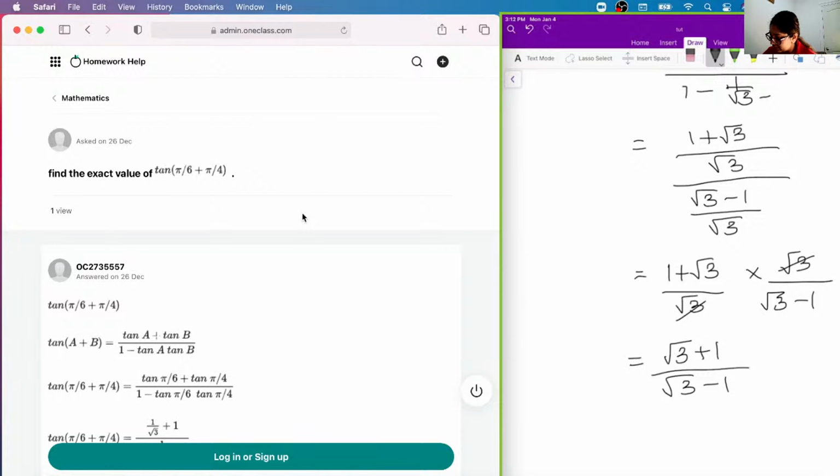So now what we're going to do is rationalize this function.